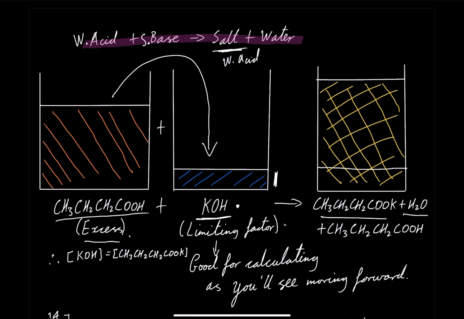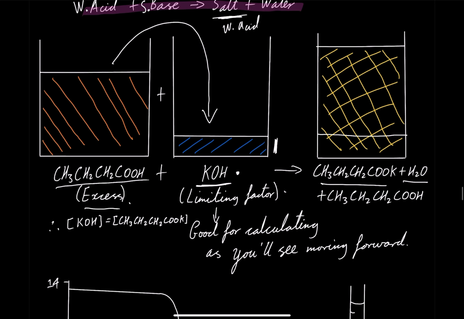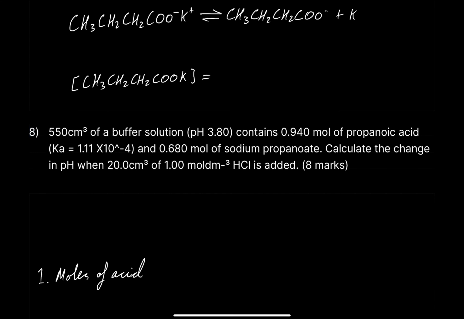This salt here is formed from the potassium hydroxide reacting with the butanoic acid. So we can assume that all of the potassium hydroxide is reacted. I'll actually write the equation here.